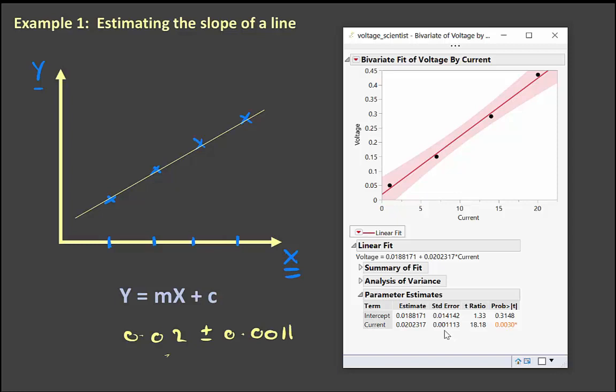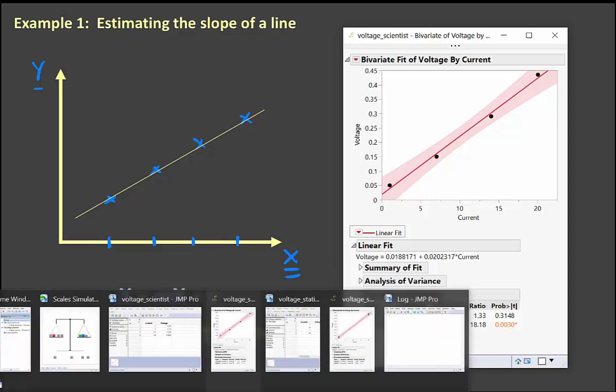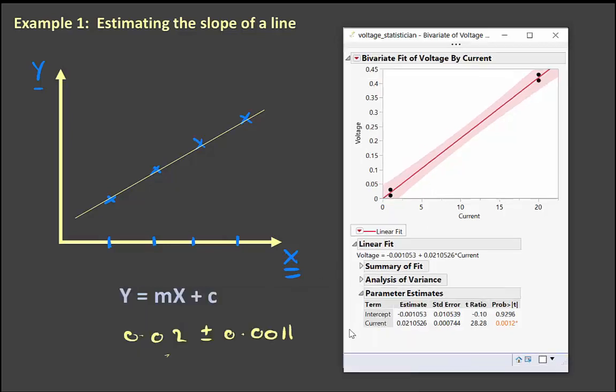Could I do the experiment differently? Well, yes, I could. If I understand how this number is calculated, then I would understand that this number depends on the configuration of these 4 data points. I could change that configuration to look something like this.